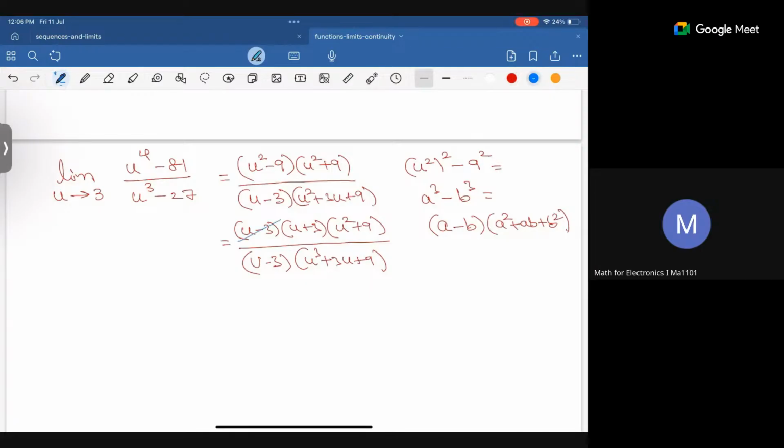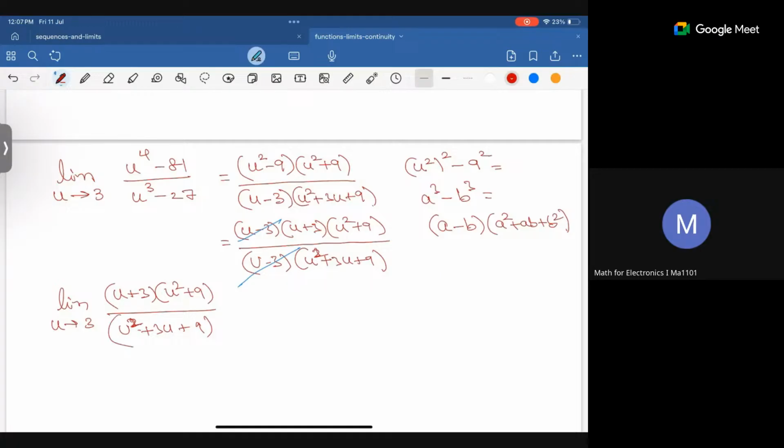So now I can cancel these two out, right? So once I cancel these two out, what I am left with is, in the numerator, u plus 3, u square plus 9 divided by u square plus 3u plus 9.